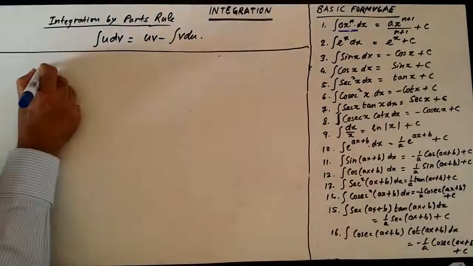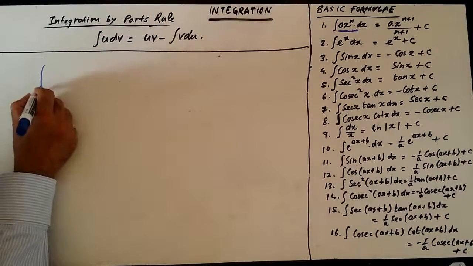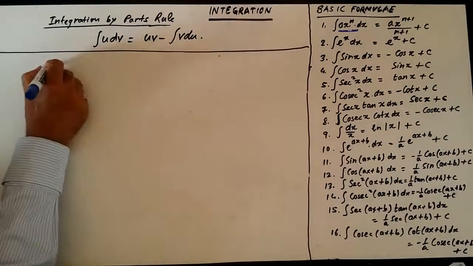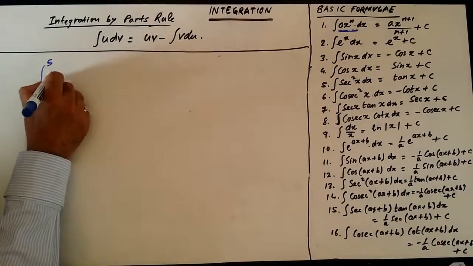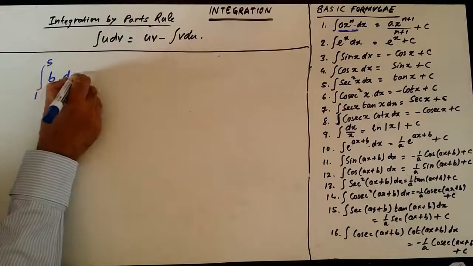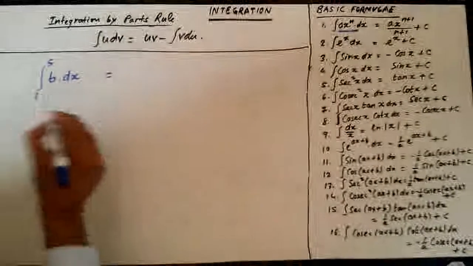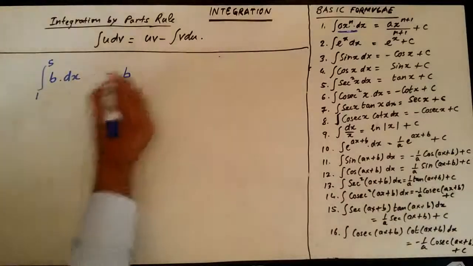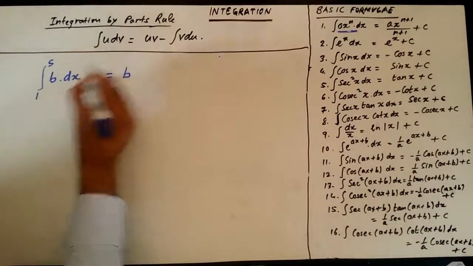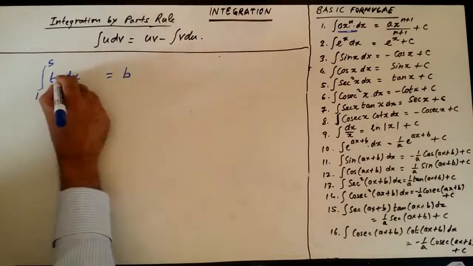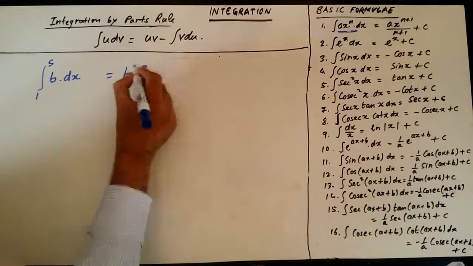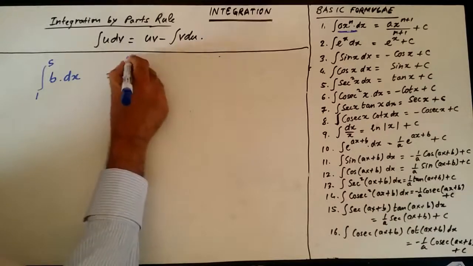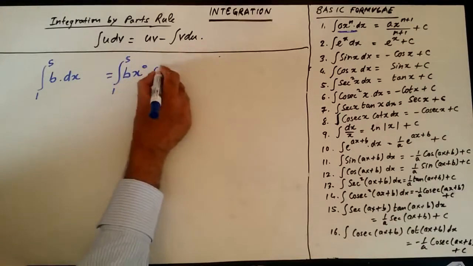Okay. So suppose we have between 1 and 5 a constant, say b, and we integrate with dx. What should be the answer? The answer is, so this b is a constant of integration, right? And integration of dx will be x, because this is the same as writing b into x to the power 0 dx.